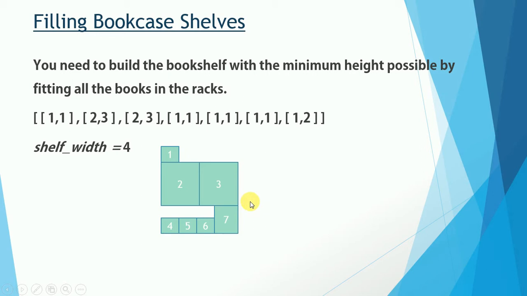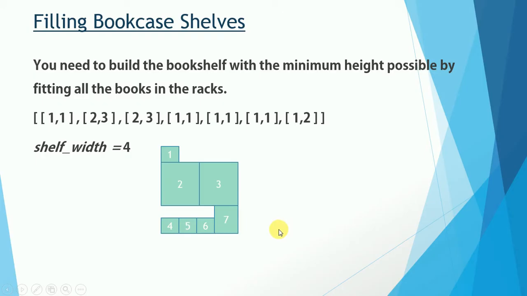Now the last 4 books, as you can see, I can place on a single shelf. If I place them on a single shelf, then the maximum height of that particular shelf is going to come out as 2. 2 added to my previous height, which is 4, is going to give me 6. So 6 is the minimum height of this bookshelf.